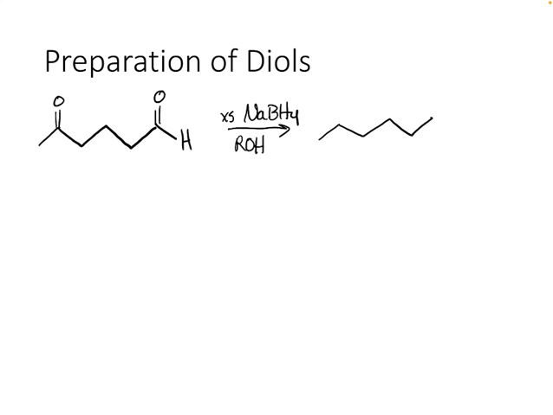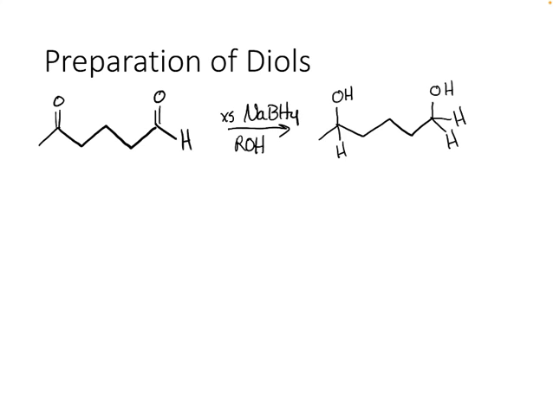All right, so at the end, we would have alcohol groups on those carbonyl carbons. And we would have some hydrogens added in as well. So I'll just draw those in there.